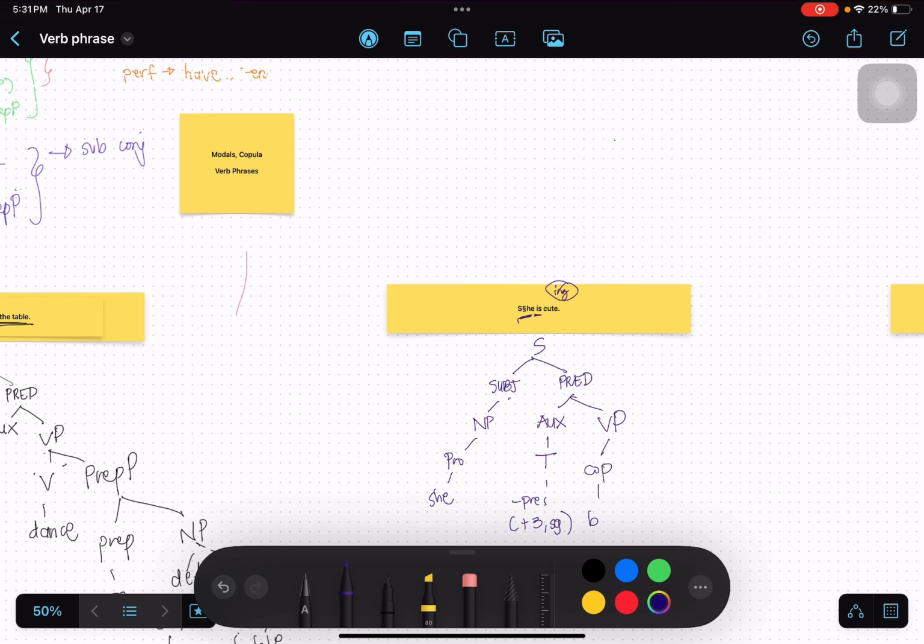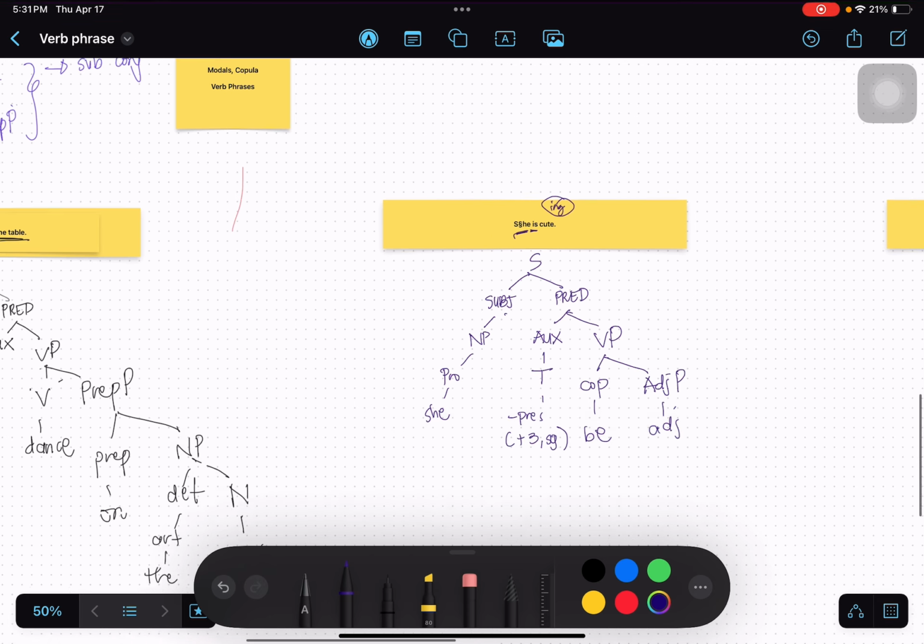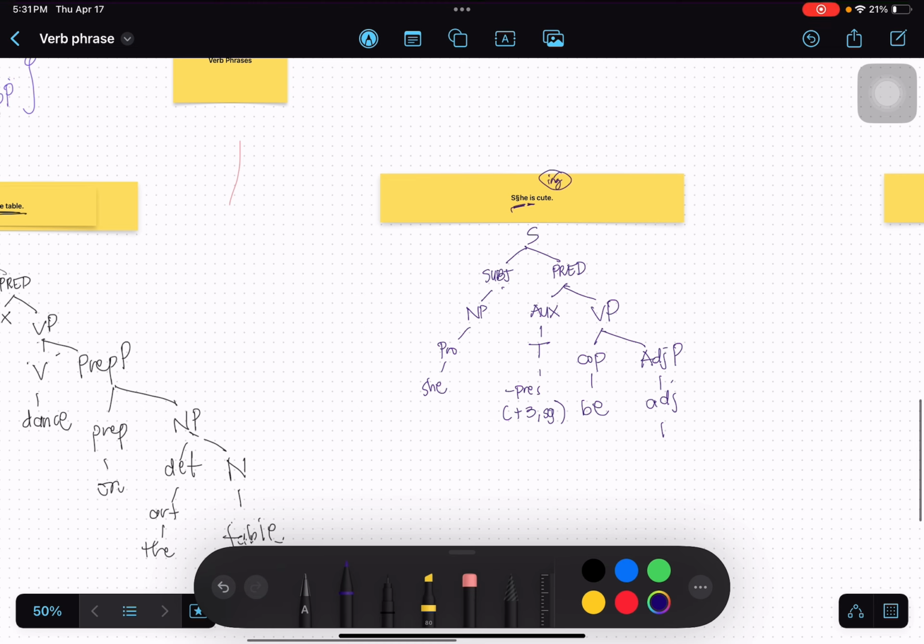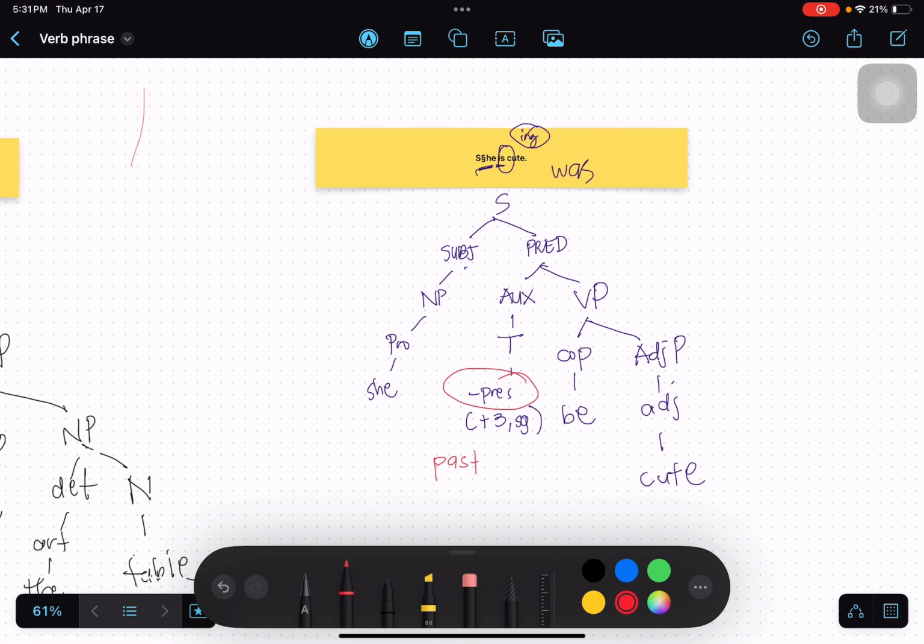Whatever happens, you have to write here B. Okay? So, cop. And then we have the adjective phrase. Adjective. Then, cute. So, for example, if it was "was," the only thing we change is this one. Just put past. Okay? So, that's how we write "she is cute" or "she was cute."